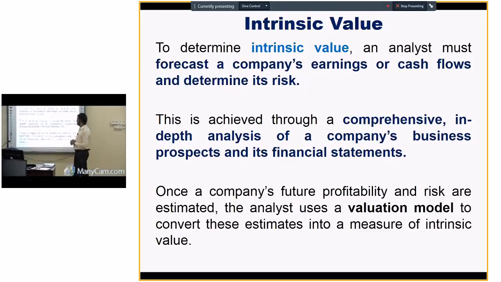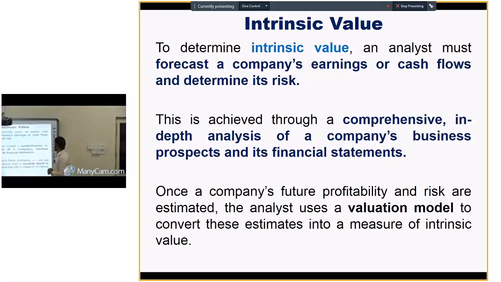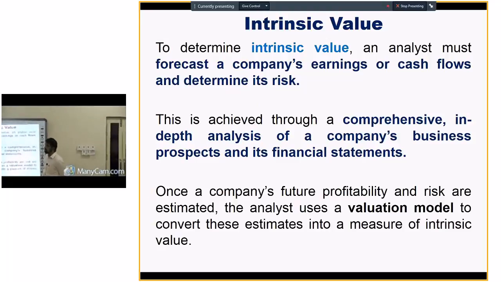This is achieved through a comprehensive in-depth analysis of a company's business prospects and its financial statements. By using the previous financial statements, we can determine that intrinsic value. Once a company's future profitability and risk are estimated, the analysis uses a valuation model to convert these estimates into a measure of intrinsic value.